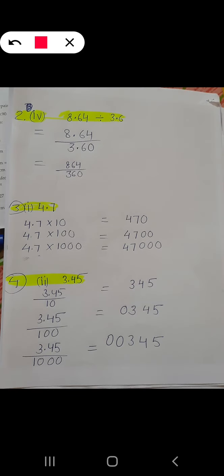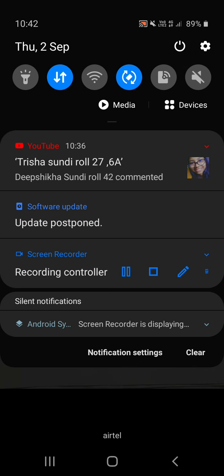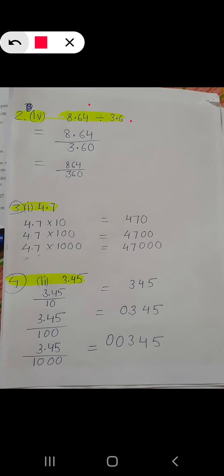Children, you can see here, when 3.45 is divided by 10, we will not put the decimal to the right of this.